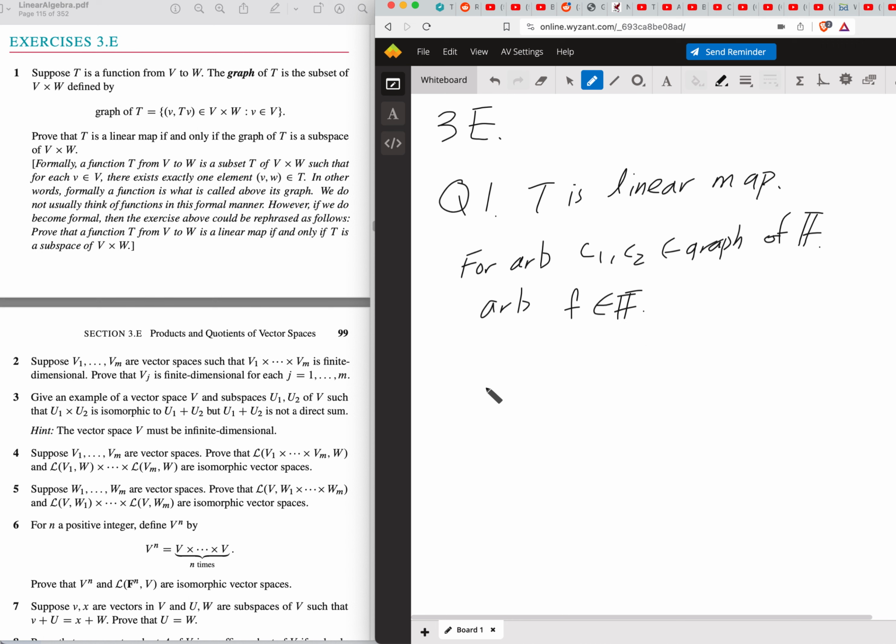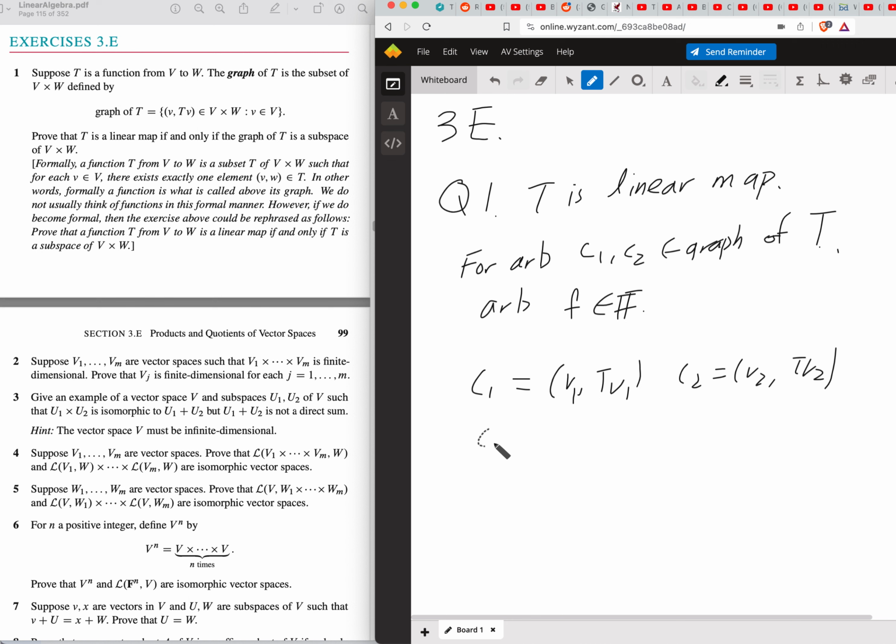So you have something like this, and there's only one thing left to show, that C1 plus C2 is still in the graph of t. This should be a t. Let's say C1 can be written as V1 and TV1, and C2 can be written as V2 and TV2.